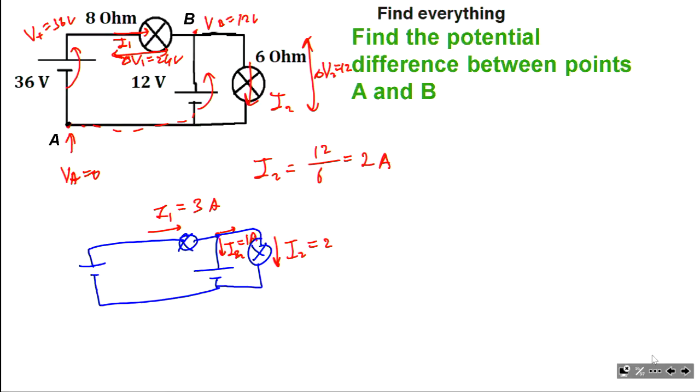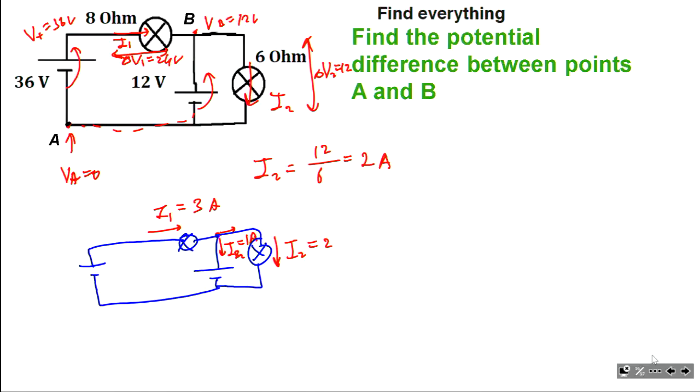The battery is responsible for a fixed value of potential difference between its electrodes, no matter what is happening outside, many other batteries or devices. That's what a battery does. If you take a multimeter and apply it to the electrodes of the battery, you will read 12. And here you will read 36, because that's what the battery does. The rest is, well, wherever it is.